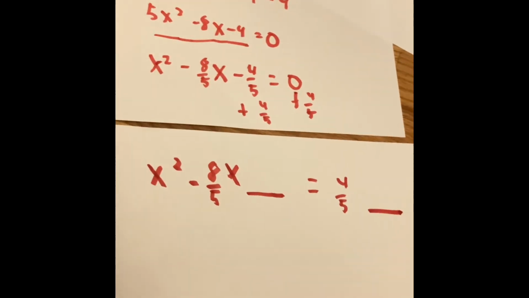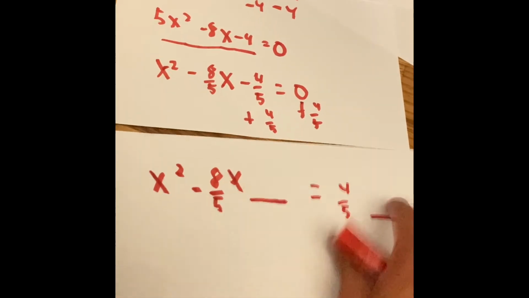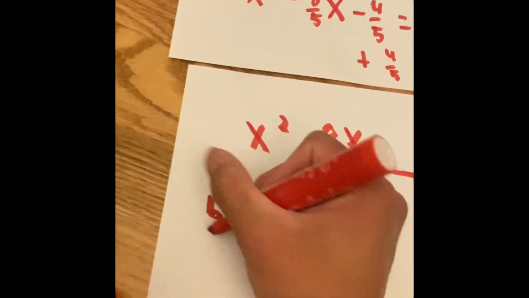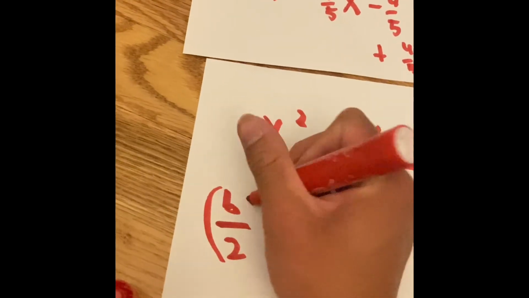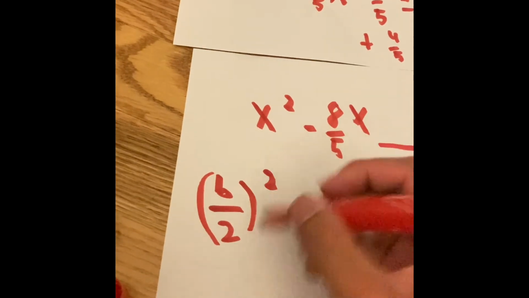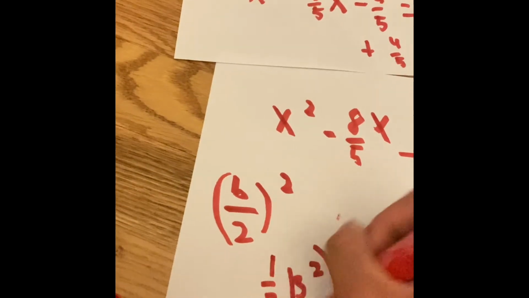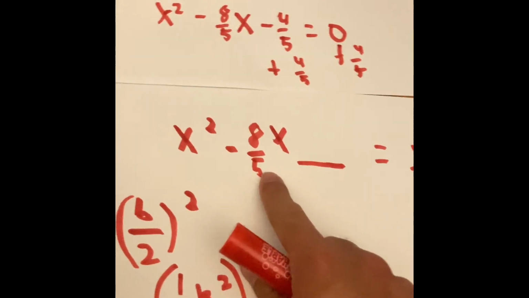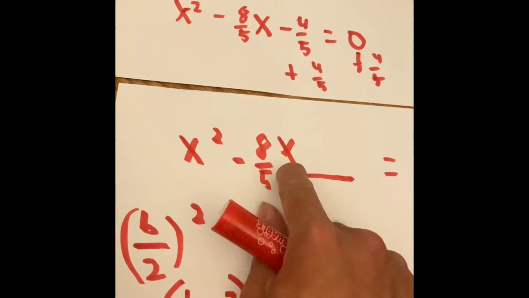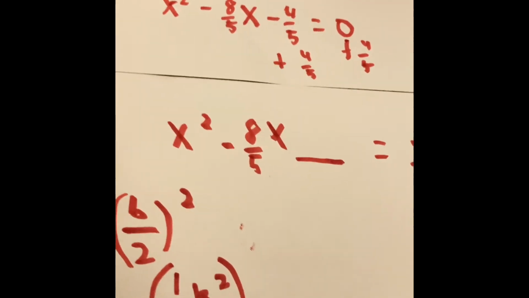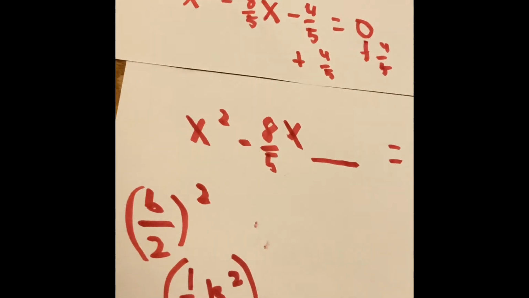What number can be put in here so that it factors? Instead of using b divided by 2 squared, we could also use one half of b, then squared, normally used for b's that cannot be divided by 2 or will become fractions. So it's another way of saying it, but it helps us get to the right answer.